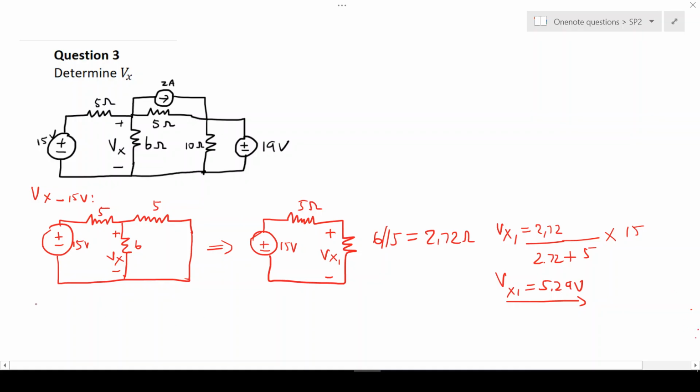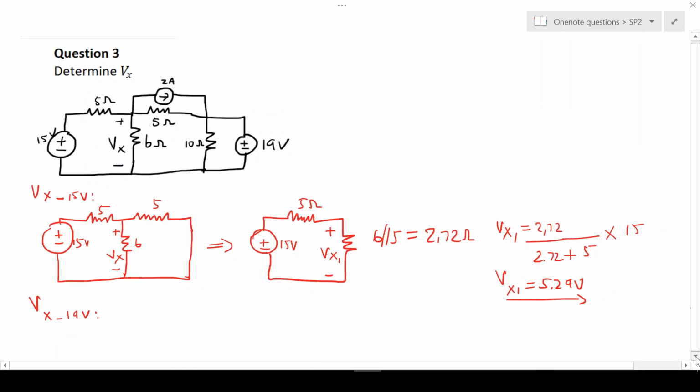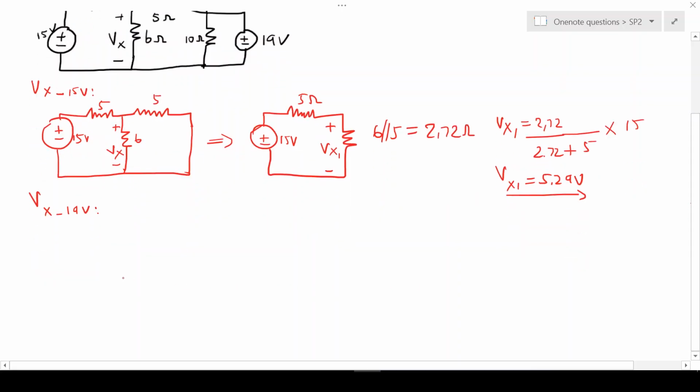Now we will look at Vx due to the 19 volt source. For us to determine the Vx due to the 19 volt source, we're going to deactivate the other sources. So the 15 volt source gets replaced with a short circuit.